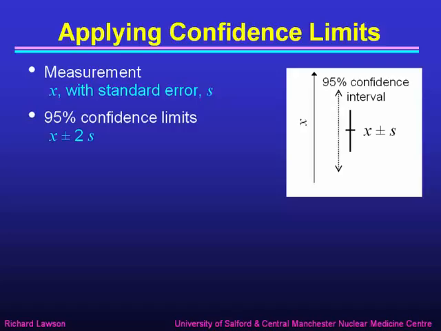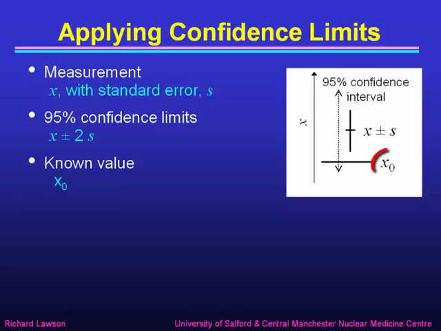However, our 95% confidence limits are greater than that, because we know that for a normal distribution the 95% confidence limits are plus or minus 2 standard errors either side. So the dashed arrow representing the 95% confidence interval is twice as big as the error bar representing the standard error.